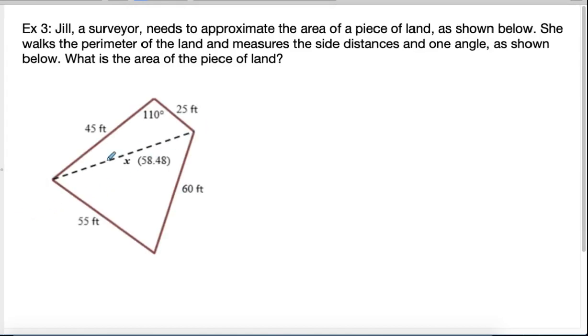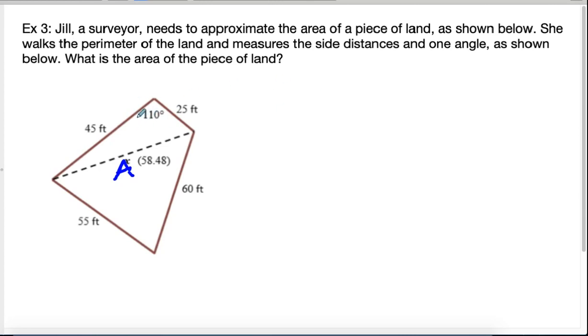So what we just found is that this side is about 58.48, and we stored that as A in the calculator. So now I have enough information to find the areas of these two triangles. For the top one, we can just use our side angle side formula.